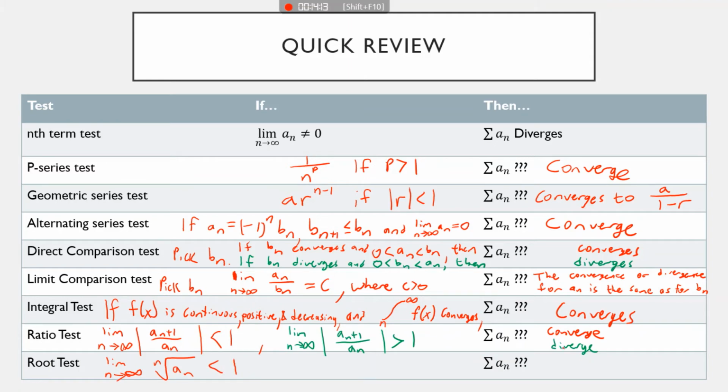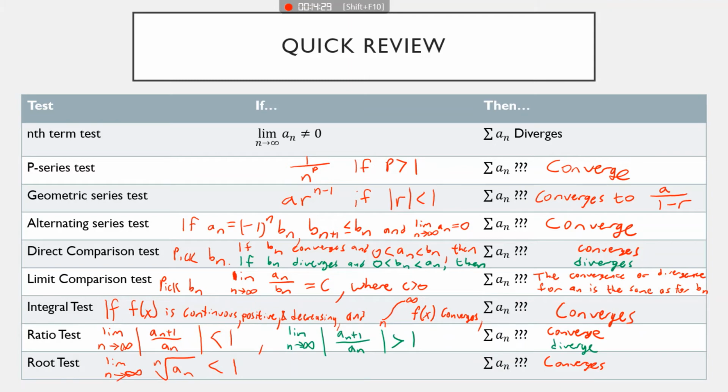Then what should be true? It converges to a number. Okay, then it will converge.